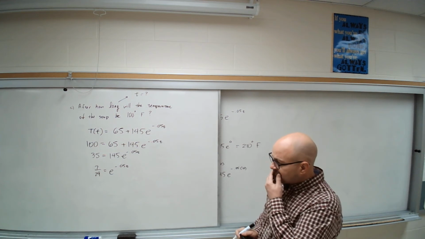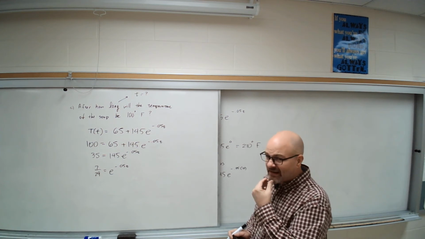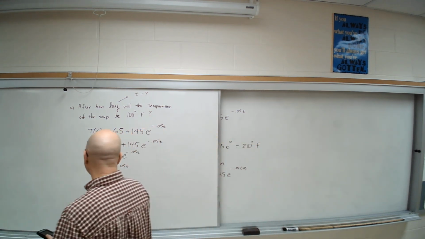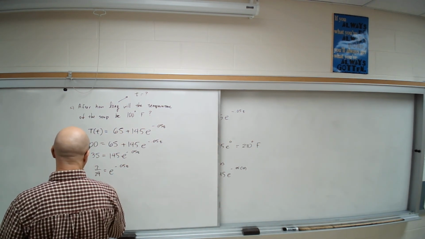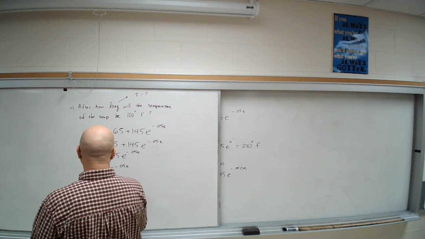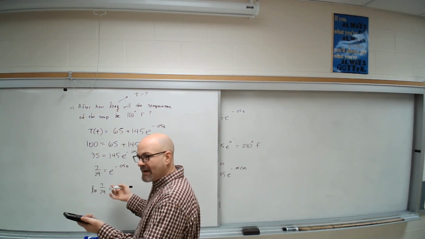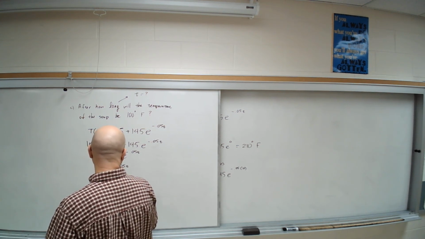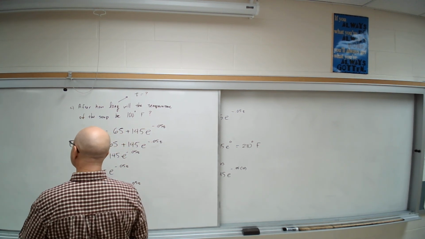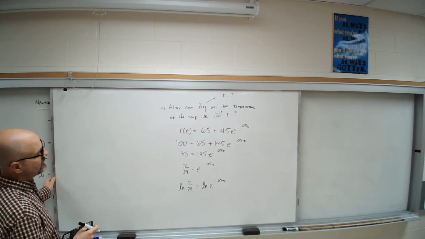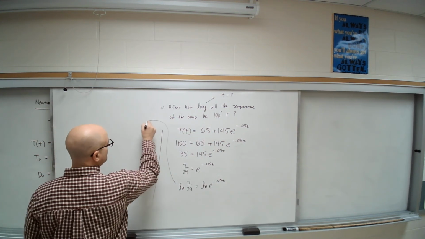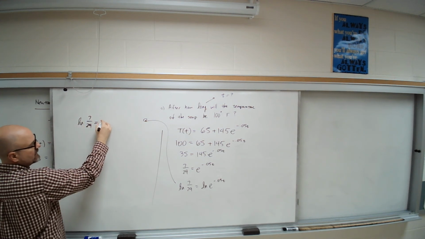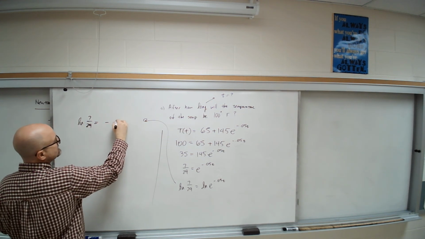So then to solve this, since we have a base of e, we're going to take the natural log of both sides. So the natural log of 7 over 29, and we know the natural log and e just go away, correct? So we get the natural log of 7 over 29 equals negative 0.05 t.